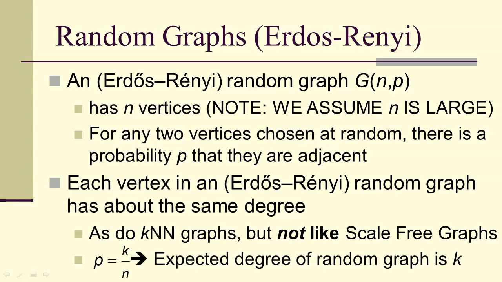Each vertex in an Erdos-Renyi random graph has about the same degree, just like k-nearest neighbor graphs, but not like scale-free graphs, where you have vertices with wildly different degrees. Most of them with small degree, but a few with very, very high degrees. But we have p equals k over n, which means the expected degree of a random graph is k.